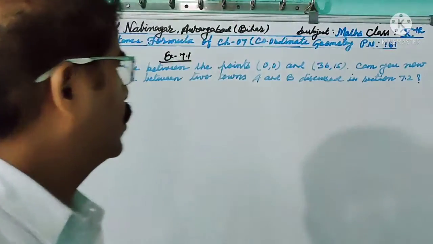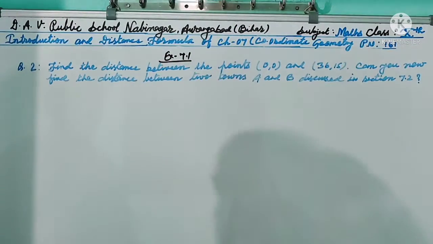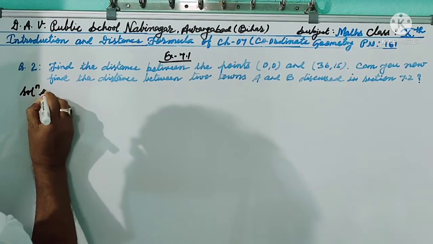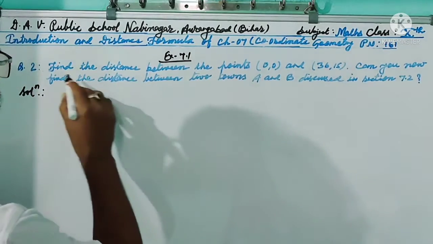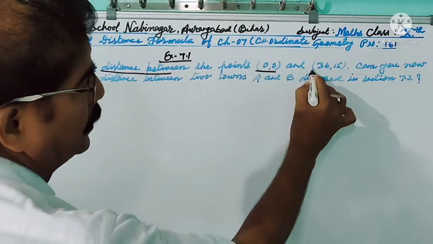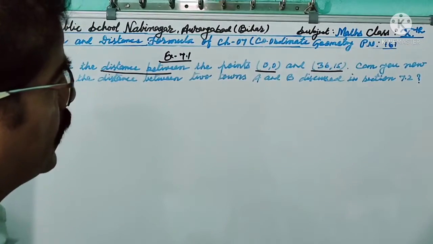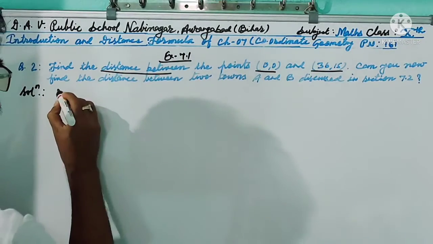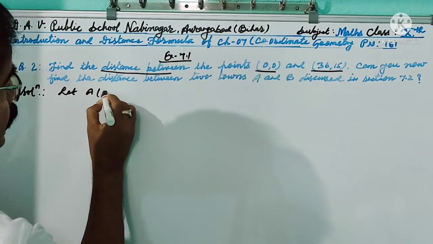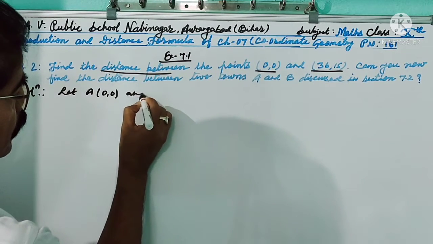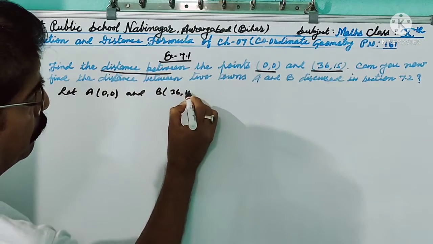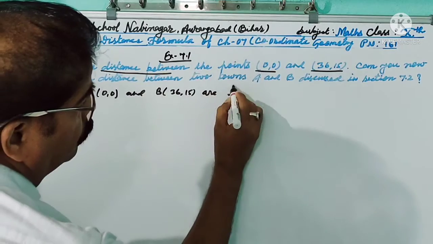Question number 2 of exercise 7.1. Here, given 2 points, find the distance between the 2 points (0, 0) and (36, 15). Let A (0, 0) and B (36, 15) be the two given points.